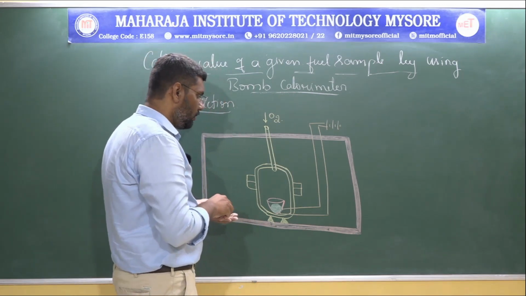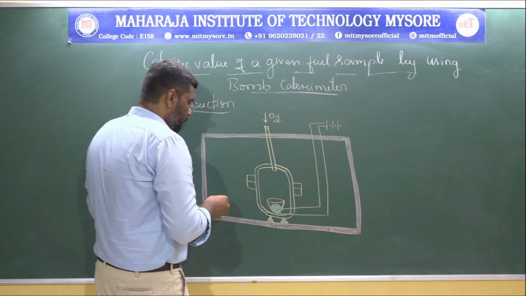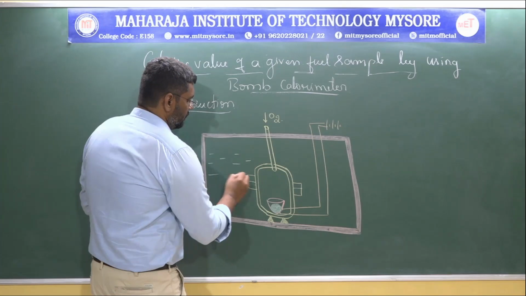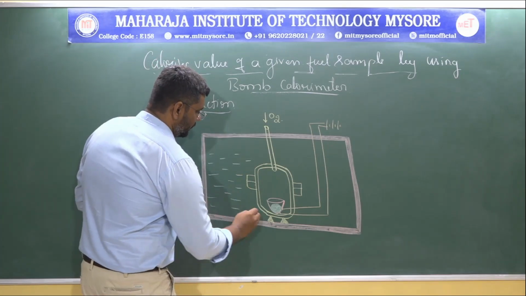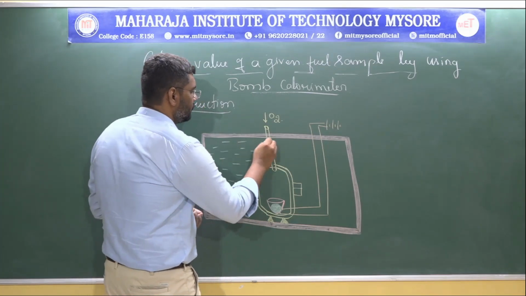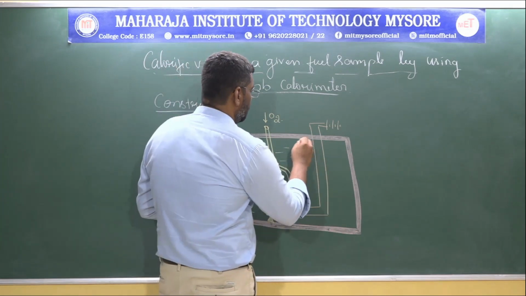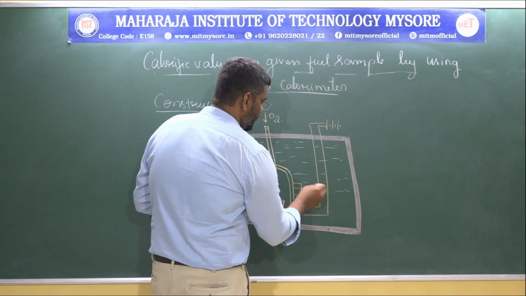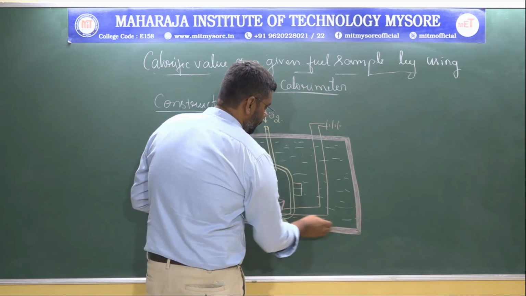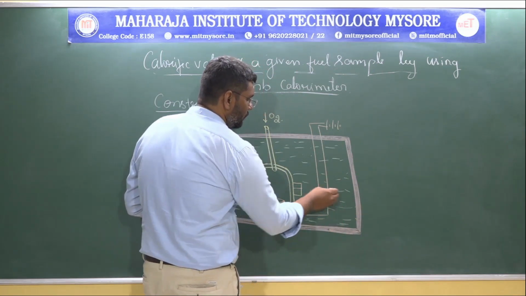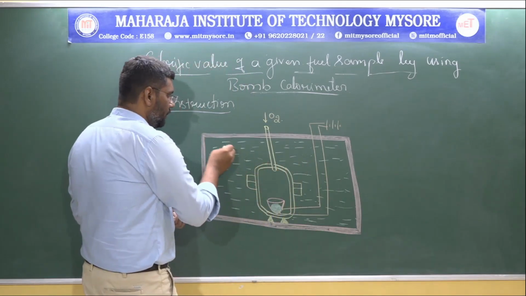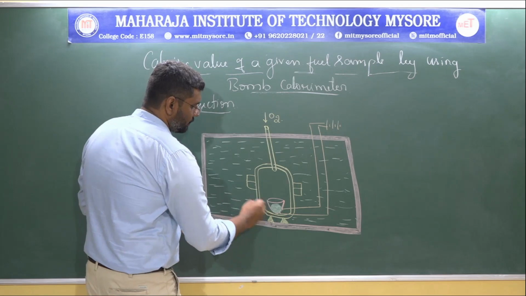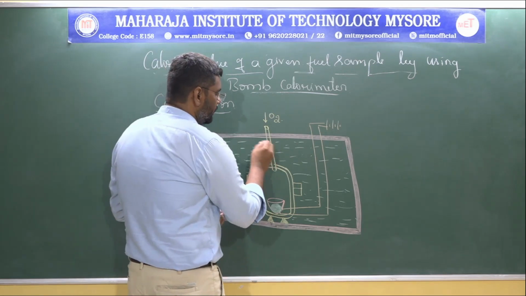After that we fill the copper container with water. A known mass of water is placed inside, because the water body has to absorb the heat liberated when the fuel in the crucible, placed inside the bomb, is ignited.